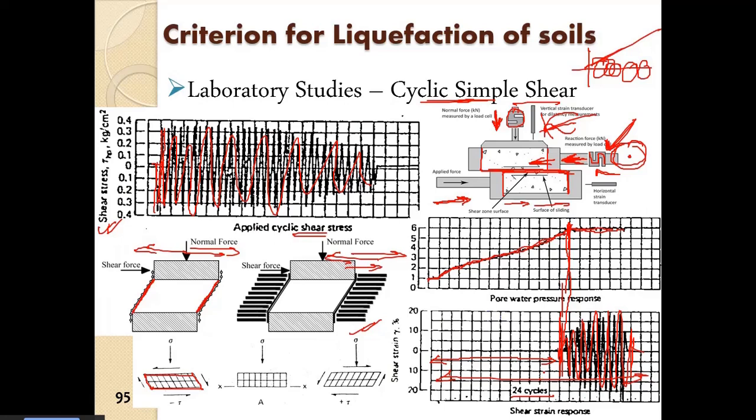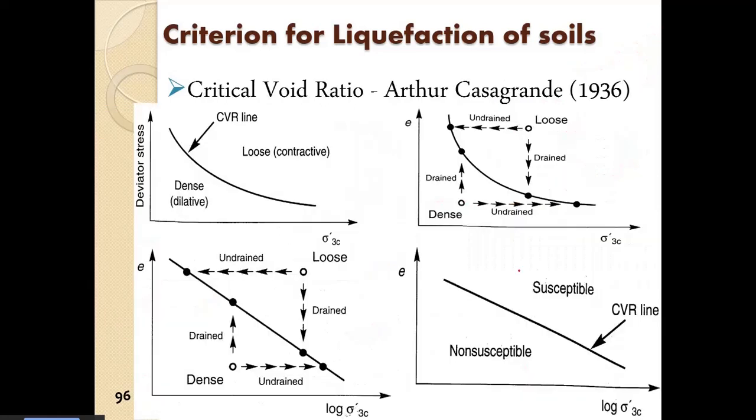After doing so many tests, various researchers over time developed certain relations. So the first criterion was given by Arthur Casagrande in 1936. We have the critical void ratio criterion.